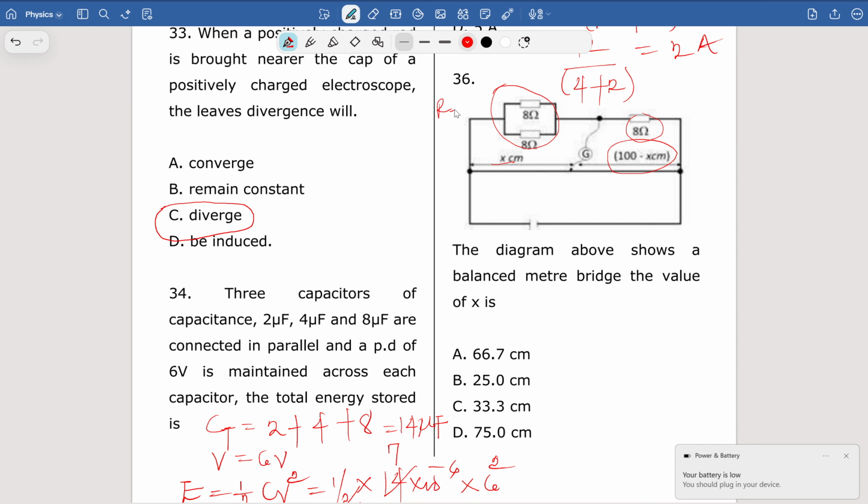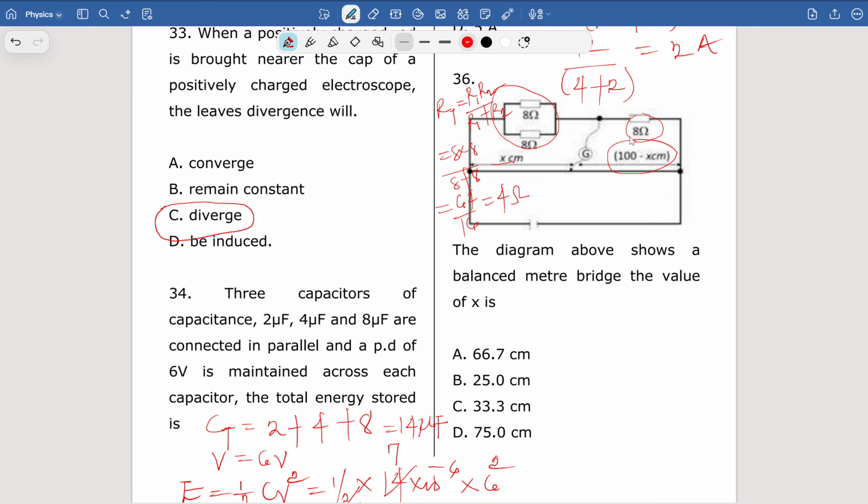For resistors in parallel, R total is equal to R1 R2 over R1 plus R2. So you have 8 times 8 divided by 8 plus 8. That's 64 divided by 16. And you have that to be 4 ohms, right?